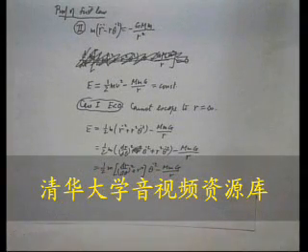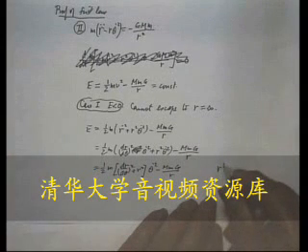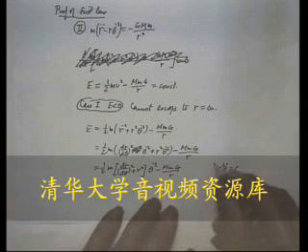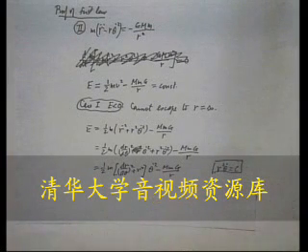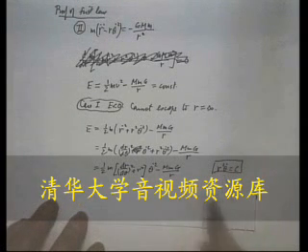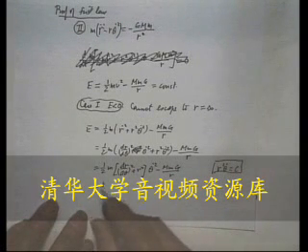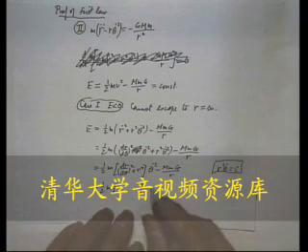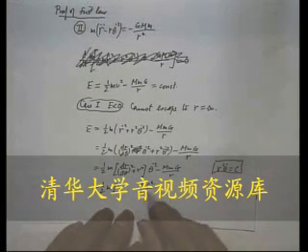But we have r squared theta dot equal to a constant. We had that formula before, according to the second law. So I can use that to eliminate theta dot. So this becomes c squared over r to the fourth.